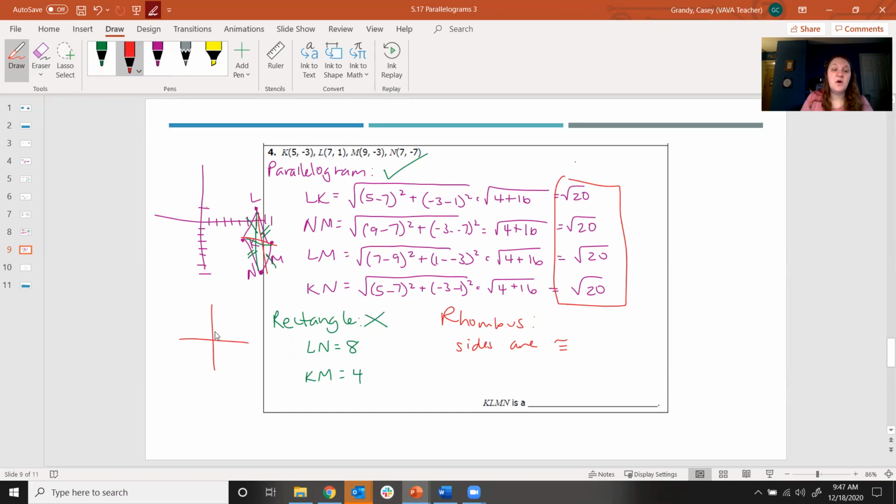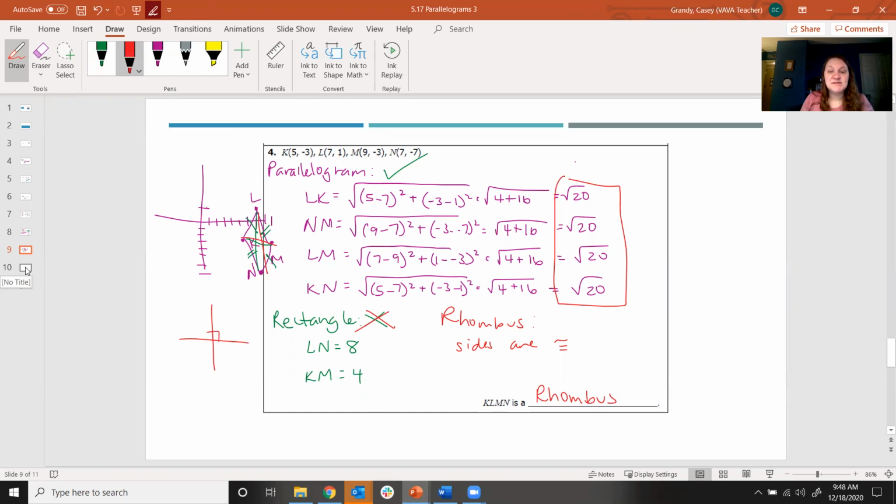Horizontal and vertical lines are always perpendicular to one another. So you could also say that the diagonals are perpendicular. Both would be correct. So not only is this a parallelogram, it's a rhombus. So its most specific classification is rhombus. I can't say square. If I was going to say square, it would have to be a rhombus and a rectangle. And because it was not a rectangle, it cannot be a square. So this is a rhombus.